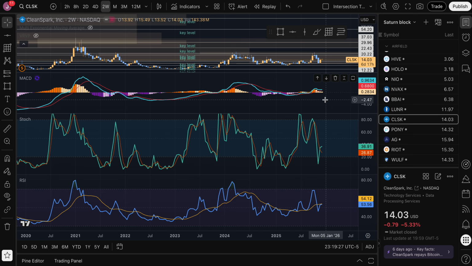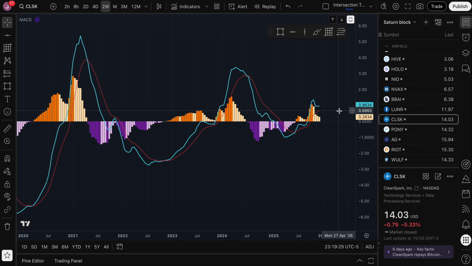So on the 2-week MACD, wow, it's definitely very kind of confusing because it's blasted off, it's converging, but it's still a bit over the 0 line, but it's looking kind of flat because we're on 2-week and it's been flat for about a month.